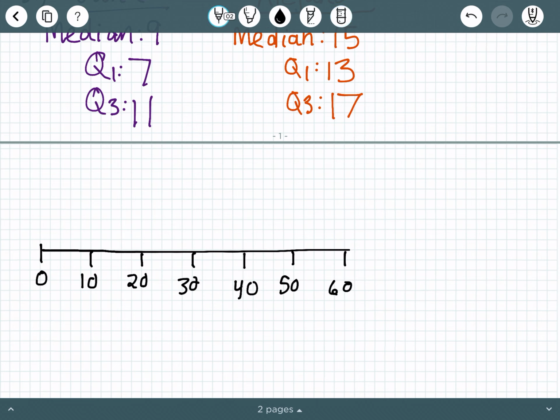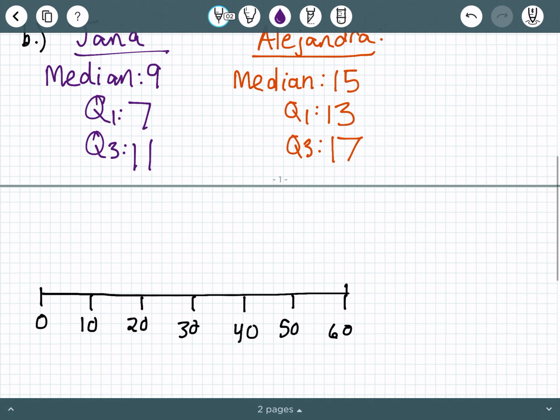And I just want to go ahead now and put box plots for each girl on here. So I'm going to do Jana's in purple, Alejandra's in orange. Now Jana, her lowest number of points was 6. Her highest was 55. So this is going to range from 6 to 55.